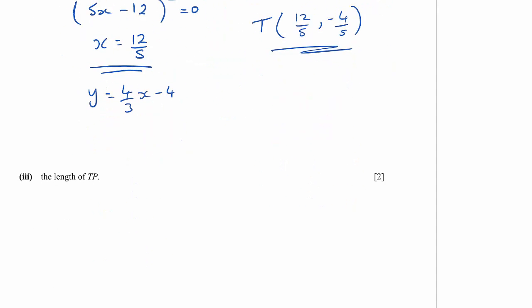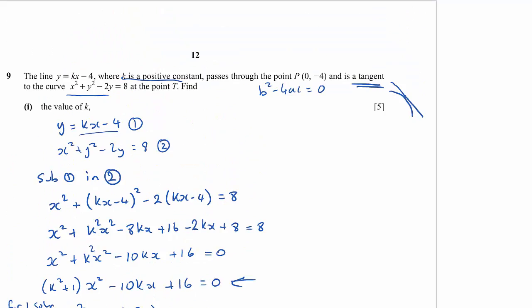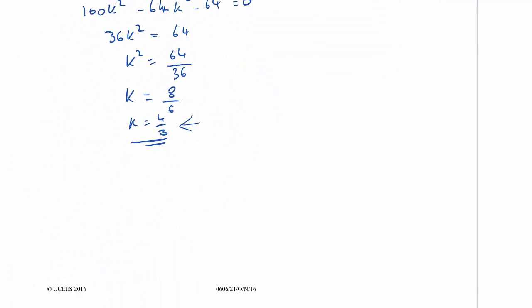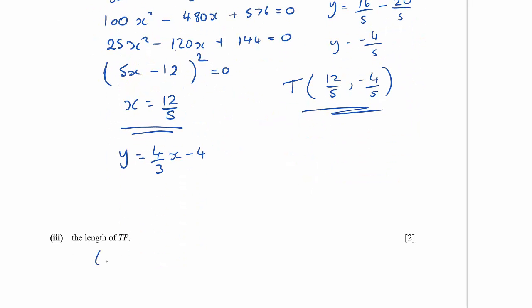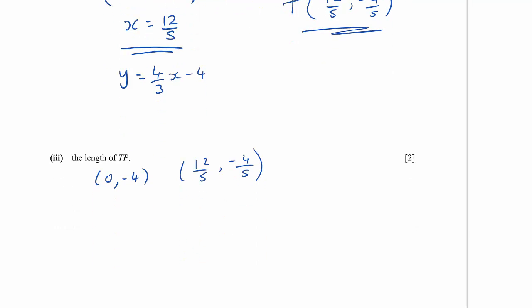And finally, we want the length TP. Well, we know that T is this point here. And I've forgotten what P is, so I'm going to have to scroll back up. P is (0, -4). So we've got (0, -4) and we've got (12 over 5, negative 4 over 5). So, let's just do a quick sketch.